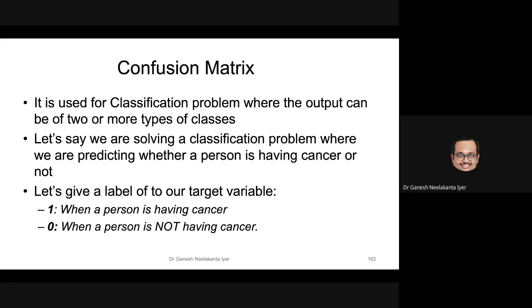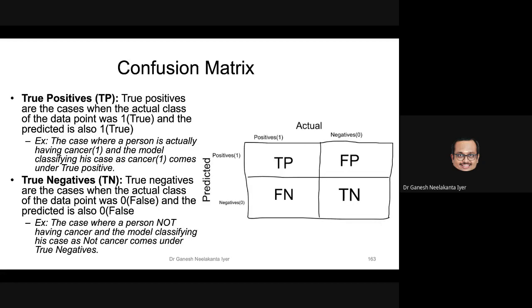Let's say we are solving a classification problem where we are predicting whether a person has cancer or not. 0 means no cancer, 1 means the person has cancer. Now the confusion matrix captures 4 parameters: the predicted positives and negatives, and actual positives and negatives. Those are what the 2 rows and columns represent.